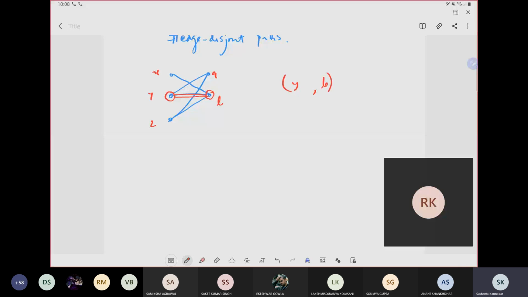Another possible match that I can say is Z comma A. So this is another match. Match means there should not be any common endpoints.